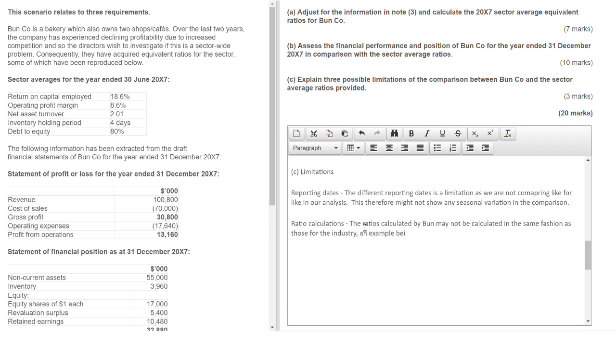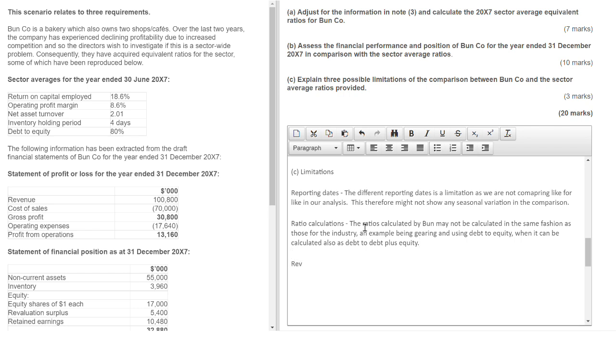An example being gearing, using debt to equity, when it can be calculated also as debt to debt plus equity. Okay. You could also put in your inventory days if you want, but I think you're then going just a little bit too far.